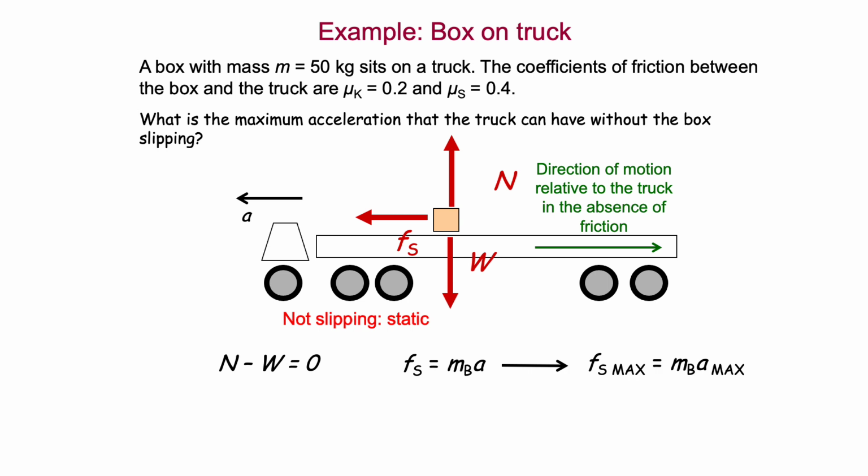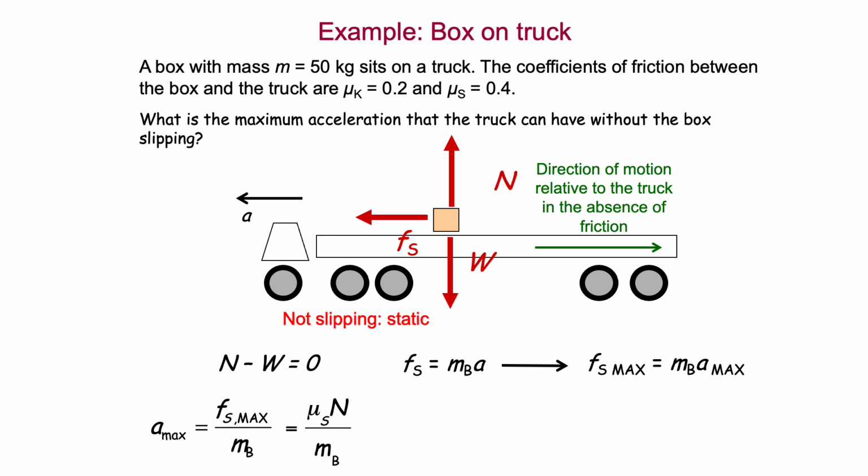And therefore, the maximum static friction needs to be equal to the mass of the box times the maximum possible acceleration. So a sub max, the maximum acceleration that the truck can take, is going to be equal to the maximum static friction divided by the mass of the box.